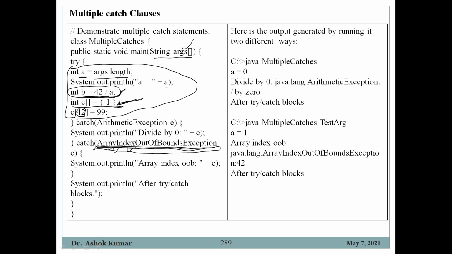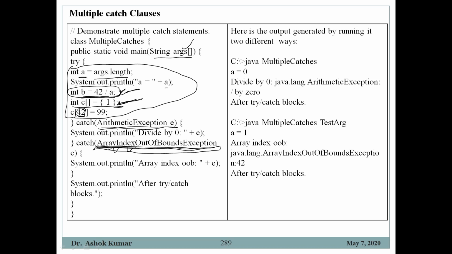So in this example, we have multiple catch statements. One catch has a parameter of type ArithmeticException. The other catch block has a parameter of type ArrayIndexOutOfBounds. So when the exception is generated by this line, the ArithmeticException class object will be created, and then that object will be thrown, and Java will then find a suitable matching class, which in this case will be the catch block ArithmeticException.